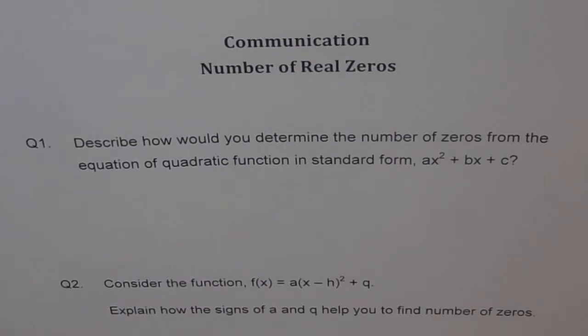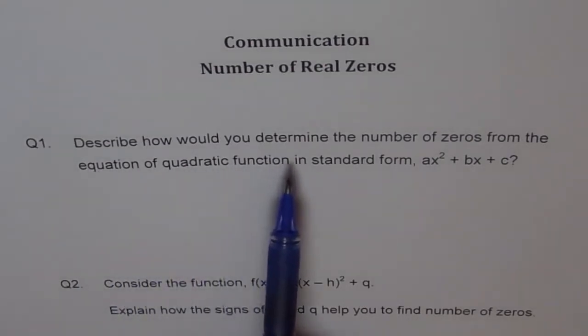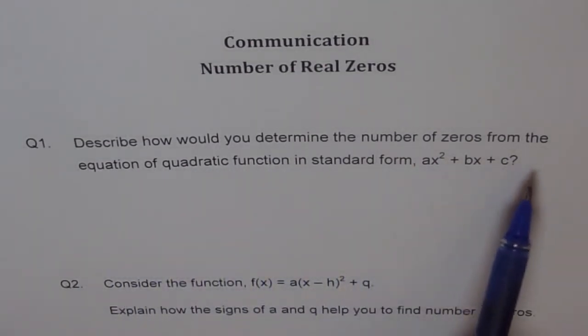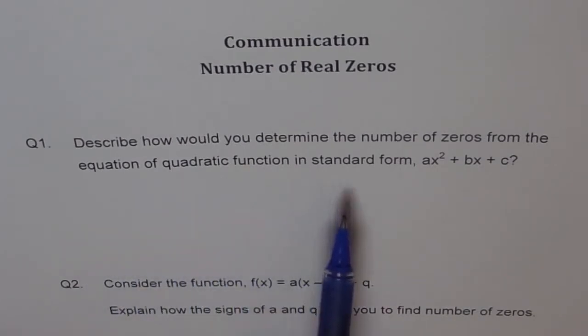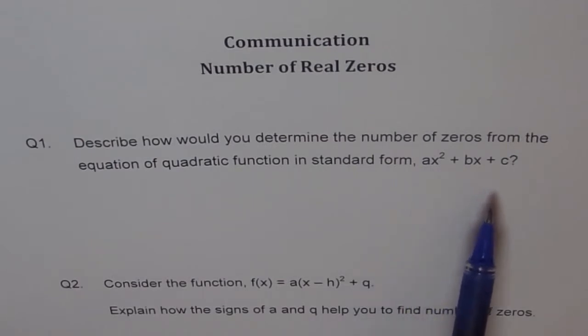Now, let's go back to question number 1. Question number 1 is, describe how you would determine the number of zeros from the equation of a quadratic function in standard form, right? This is a very basic equation, ax squared plus bx plus c.